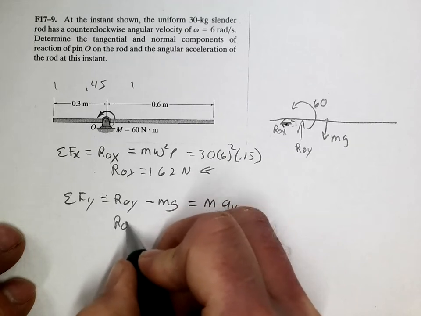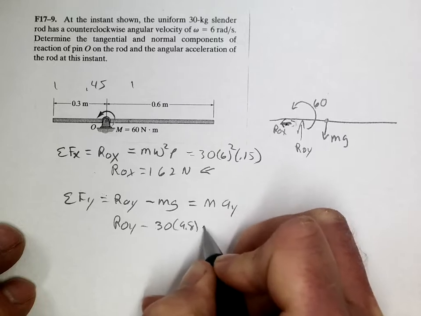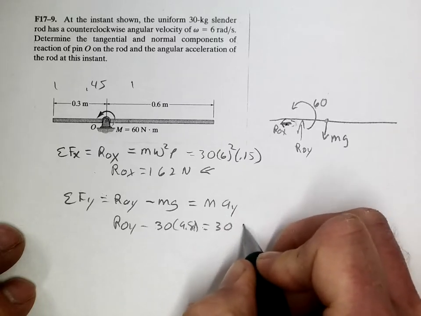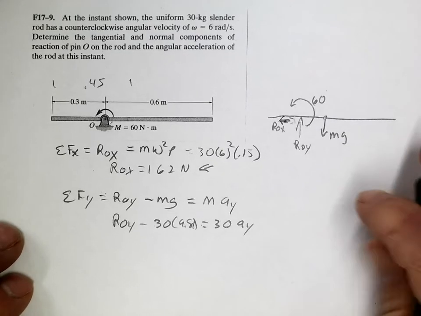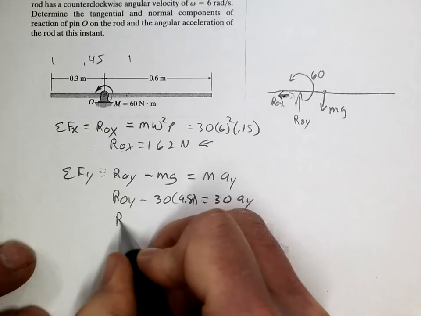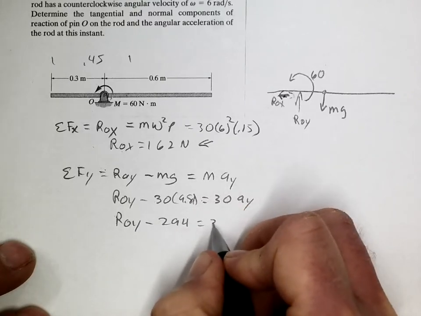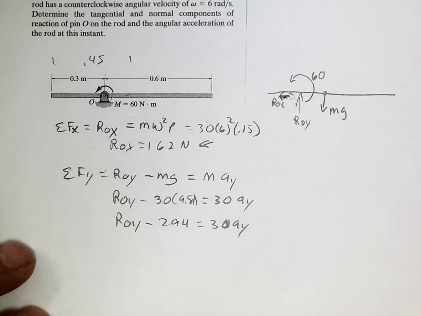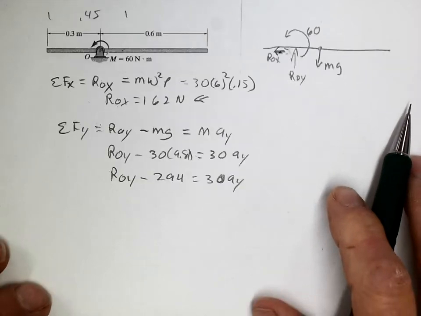So ROY minus 30 times 9.81 equals 30 A in the y direction. So ROY minus 294 equals 30 A in the y direction. We can't solve this, we have two unknowns, so let's move on to summing the moments.